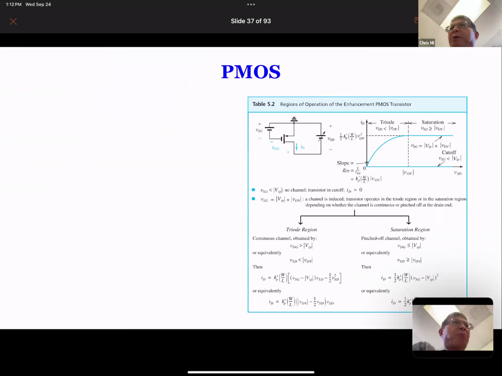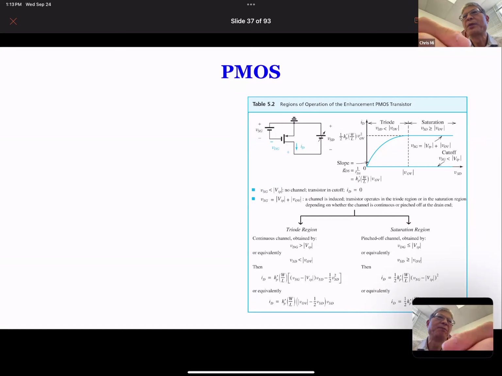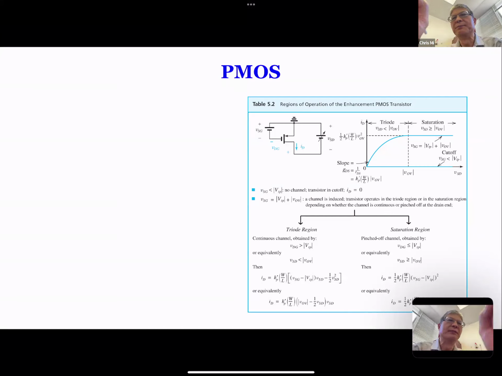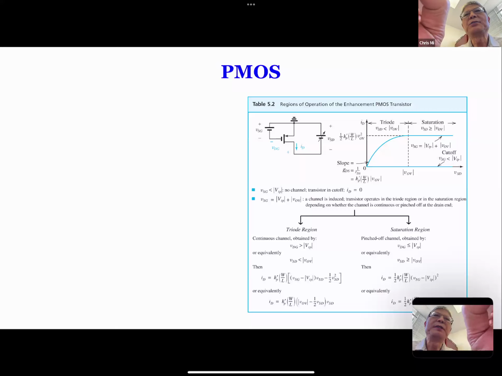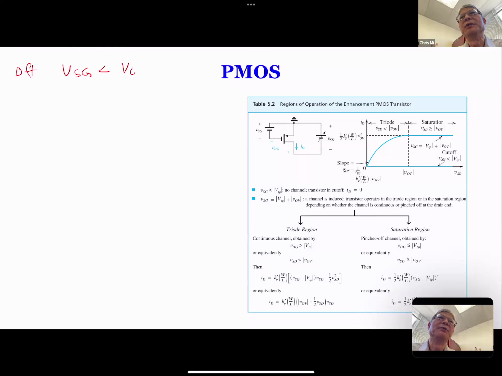For PMOS, if we summarize the conducting condition, it is going to be very similar to the NMOS. For NMOS, we already summarized. We can probably summarize on the next slide to compare them. But over here, I just want to rewrite some of the equations in the table to represent the triode and the saturation regions. So for it to be off, the condition is VSG has to be less than the absolute value of VTP.